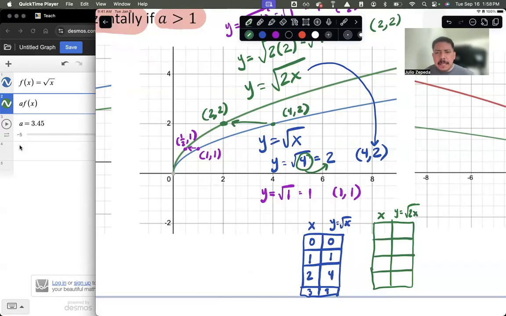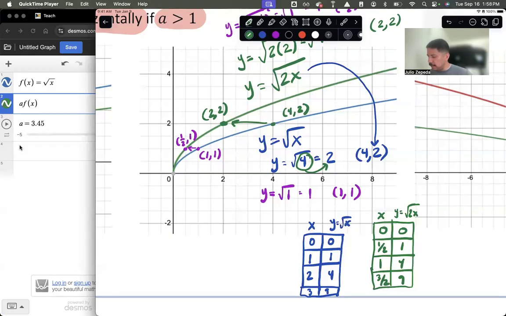Well, what's going to happen here is if I want to keep the same y values, basically all of the x's are going to get cut in half. So if I want to maintain the same y values, 0, 1, 4, and 9, the x values are going to be half of 0, 0, half of 1 is a half, half of 2 is 1, and half of 3 is 3 halves.